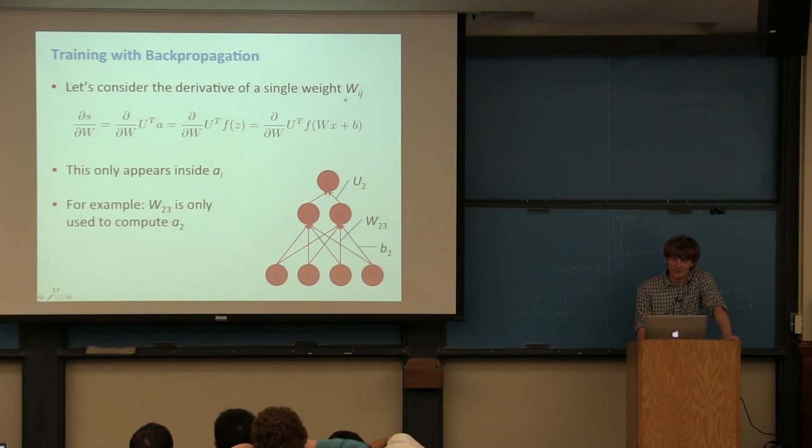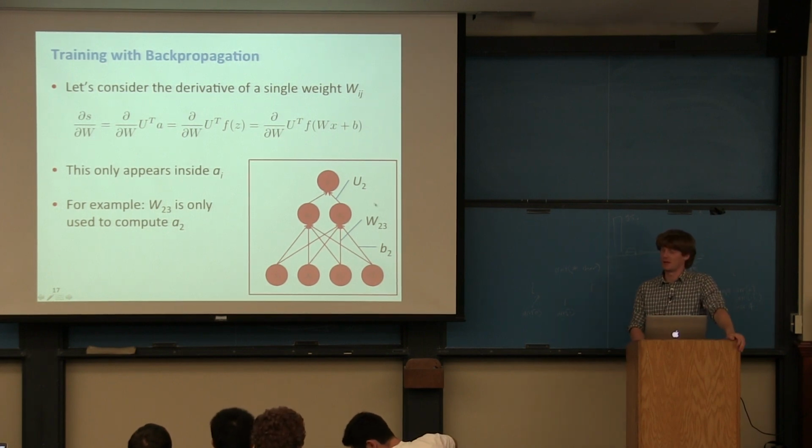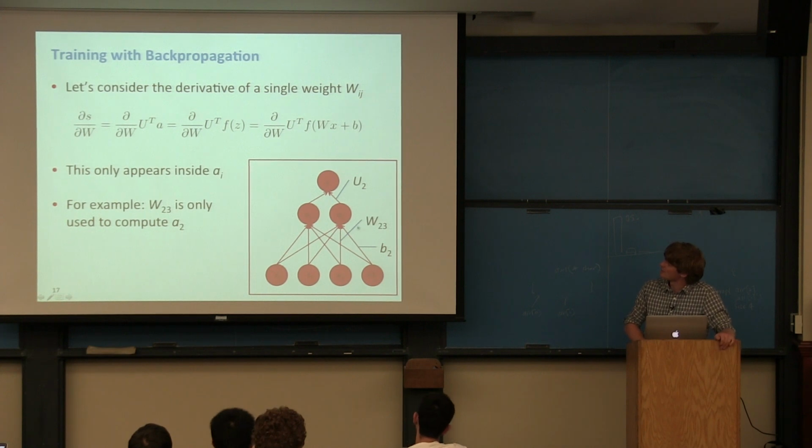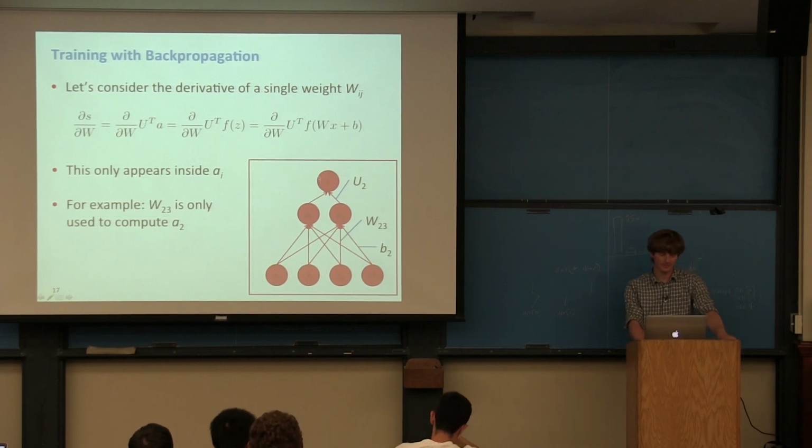And now the first thing we notice is that W_ij only appears in the computation of a_i, the ith element of the activation vector a. So we'll use, for this illustration here, the following simple neural network, which only has 3 inputs, x, a 2-dimensional hidden layer a, and 1 output u. And so we're looking at W23, for instance, that really only appears in the computation of a2.